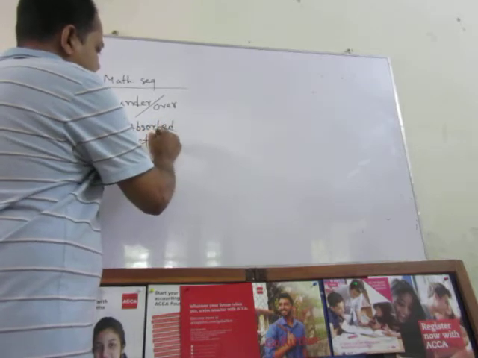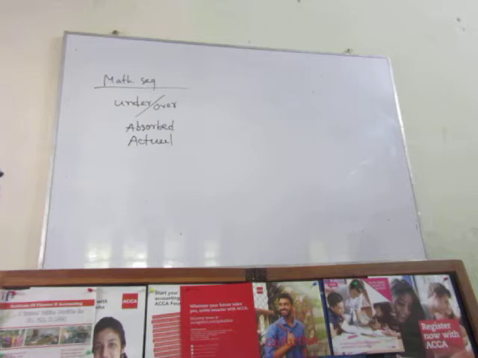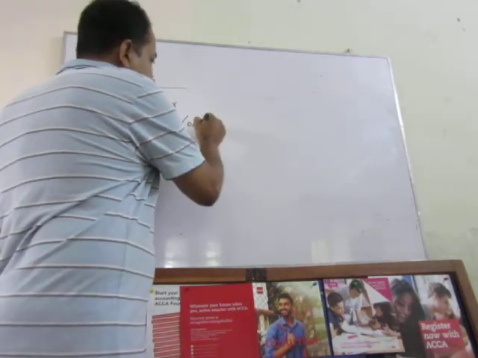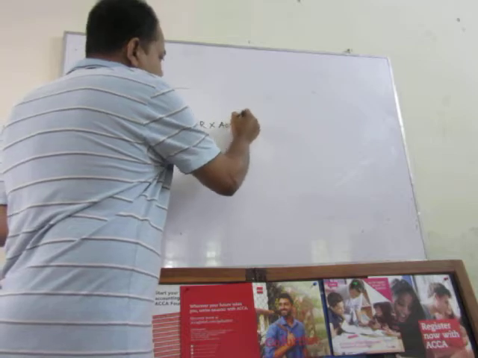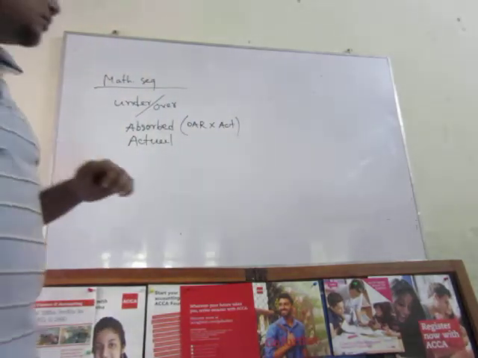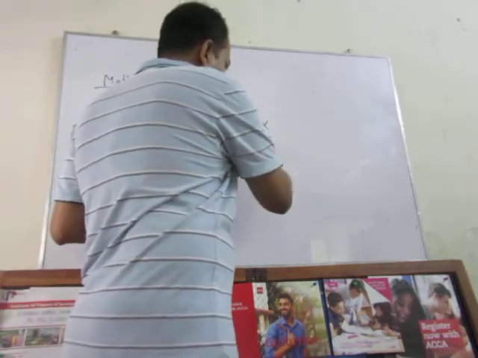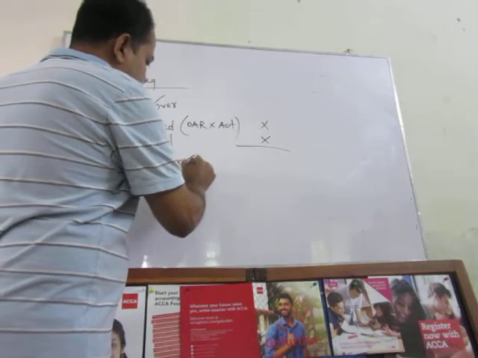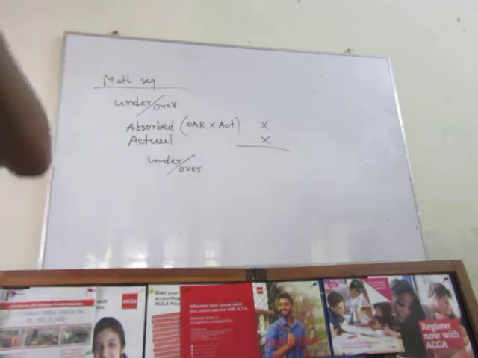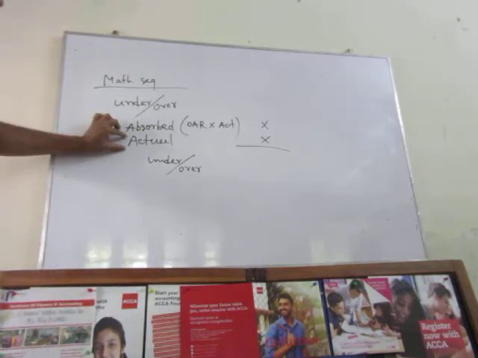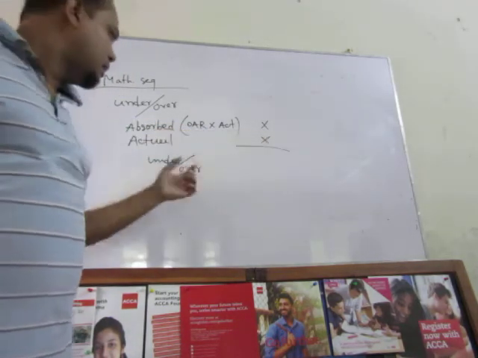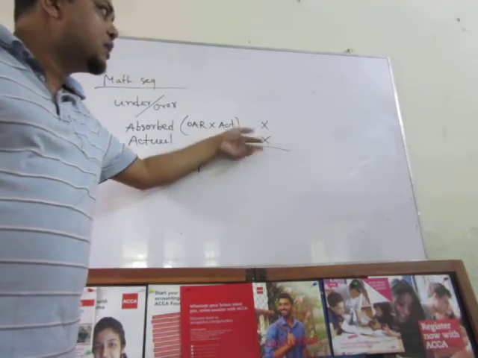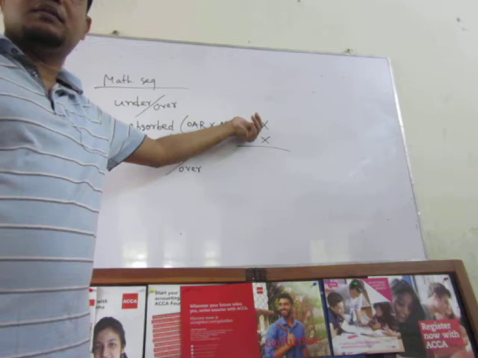and actual. Notice the absorbed components, we are into actual activity. That is one. Then here comes under or over. So you guys may be provided this actual overhead and this under over thing. So if these two components are there, you can find out the third component, right?